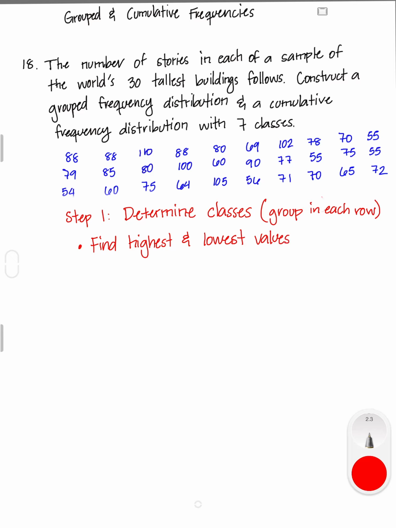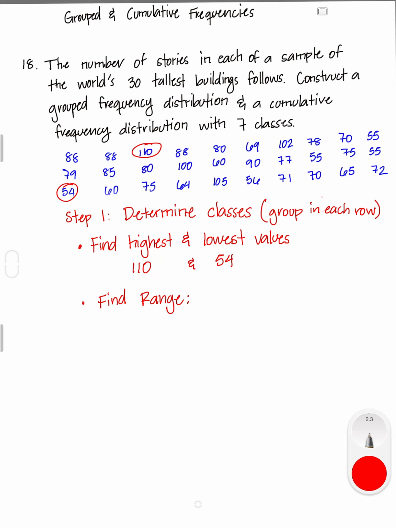Looking at my data, my highest value is 110, and the lowest value is 54. Next is to find the range.